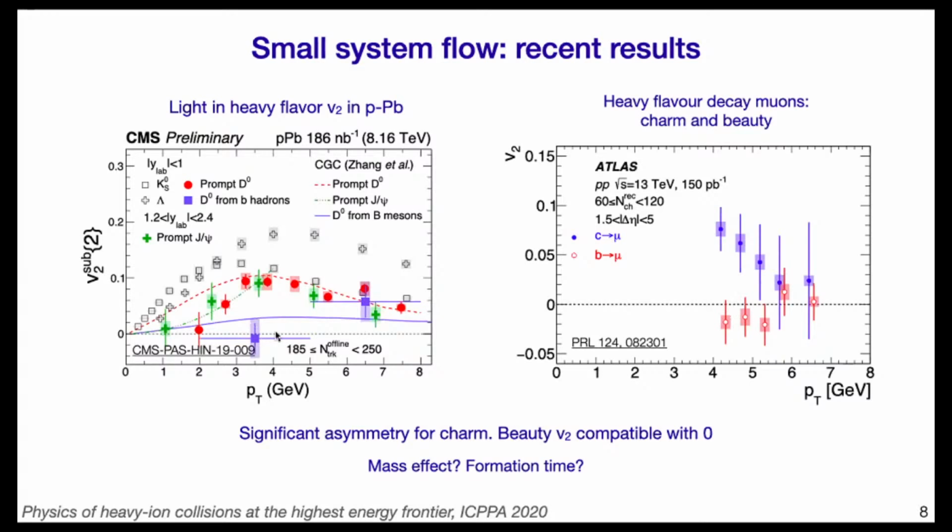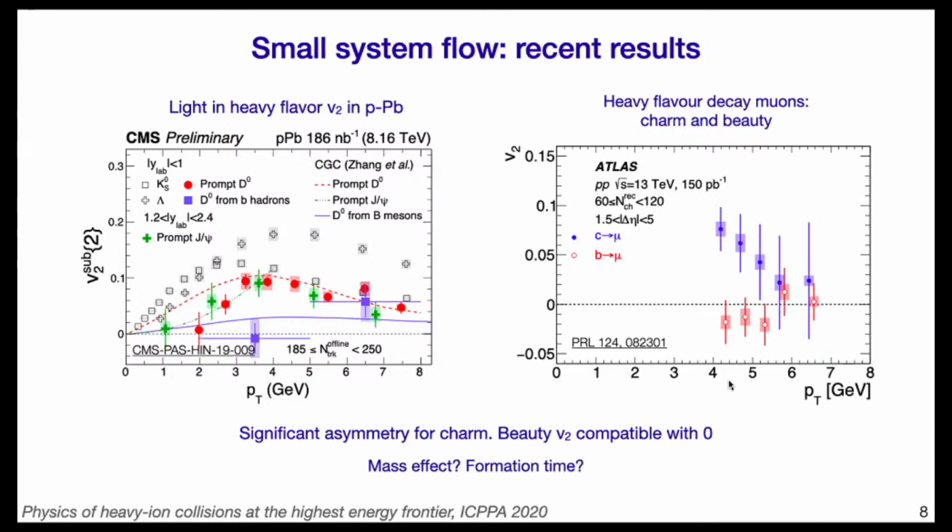And then there's also measurements with beauty, the even heavier quarks, so the blue on the left and the red on the right. And there it seems that there is no flow effect. So it seems that we found the limit of how much flow you can build up. And it seems that there is a mass dependent limit and that the heaviest particles do not participate. Although I think with more statistics, we'll get more precise measurements and we might see whether it's really zero or just a lot smaller again.